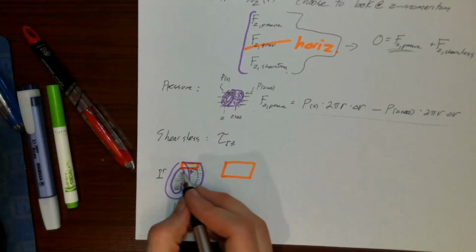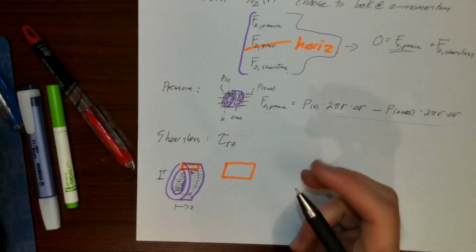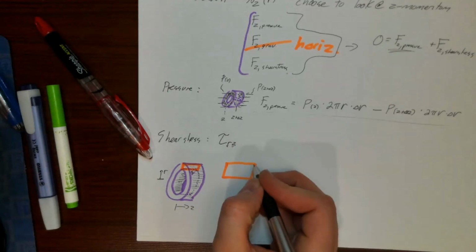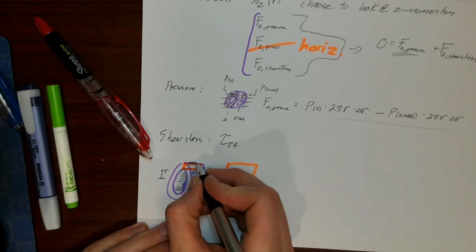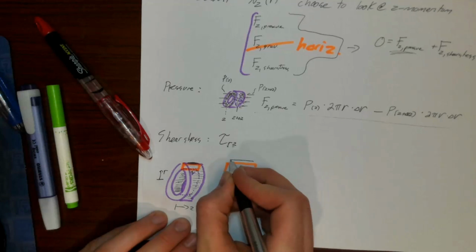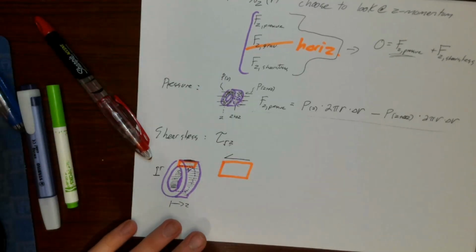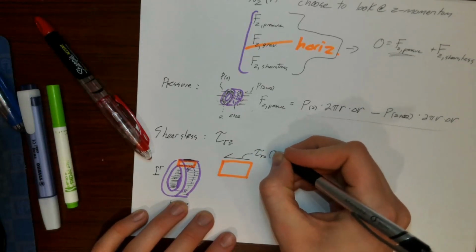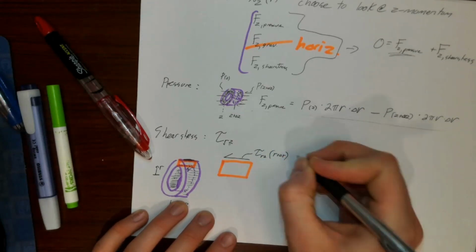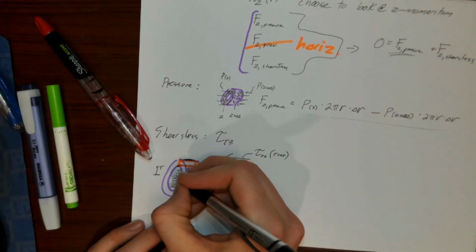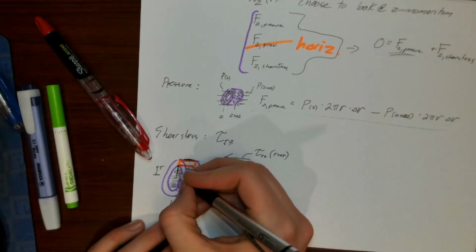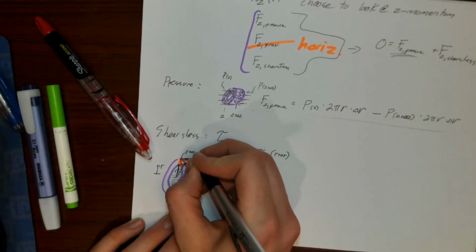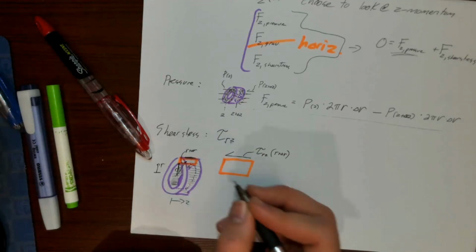If I use the goofy positive convention for shear stress that the textbook has, on the top I have tau rz acting right here, and I would call this tau rz at r plus delta r, because if my inner position is r, the position of the outside is r plus delta r.